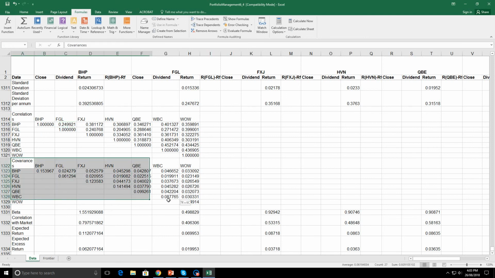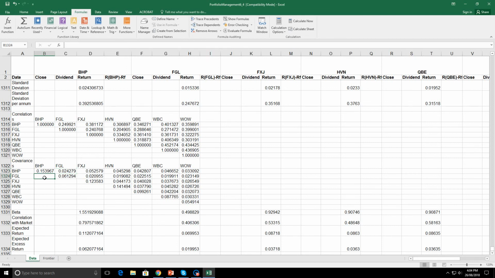Coming back to this variance covariance matrix again, you can see that I just have the values for half of this total matrix, but I can populate the other half simply by putting in the values from the top part. For example, in this cell, it is the covariance between BHP and Foster's Group.